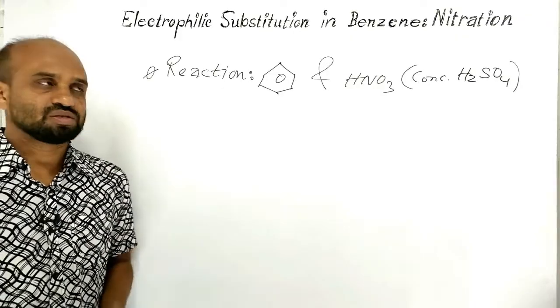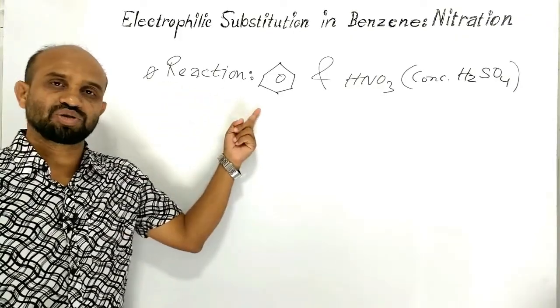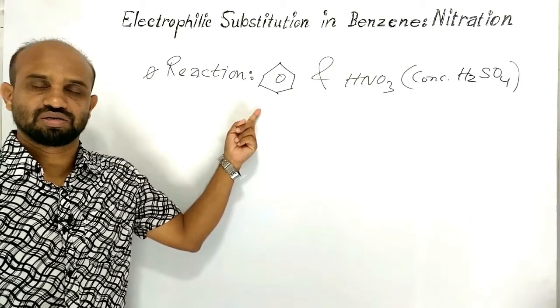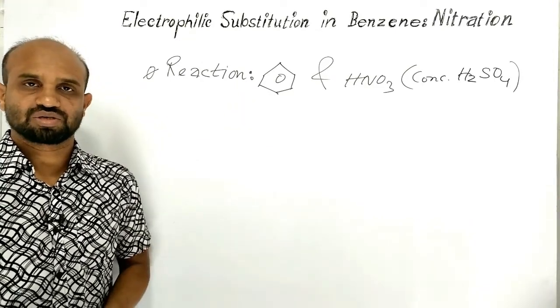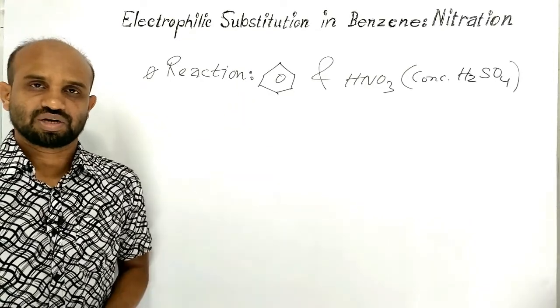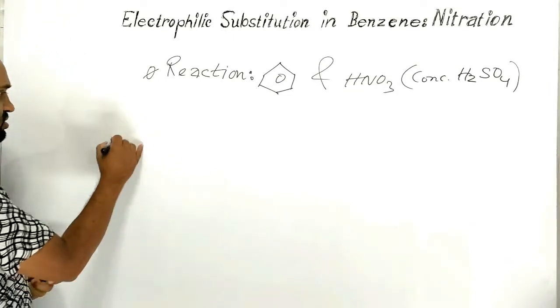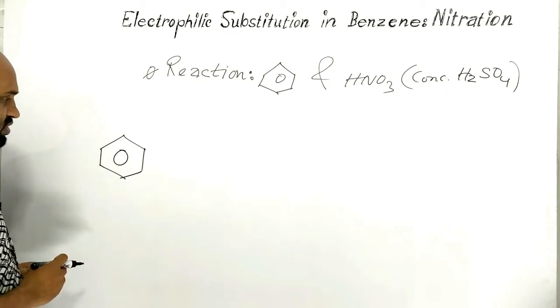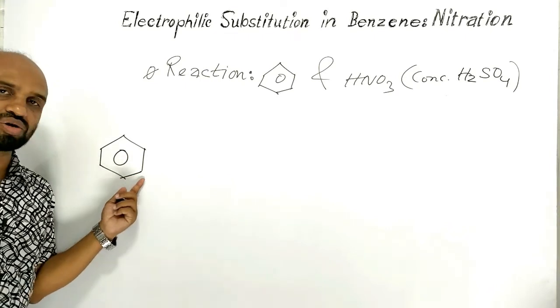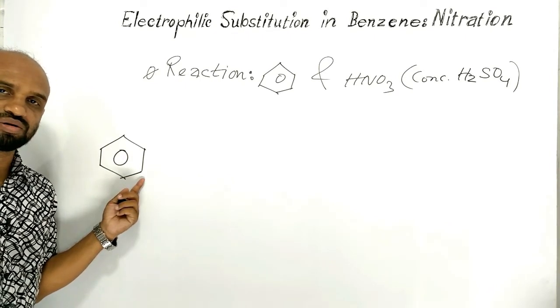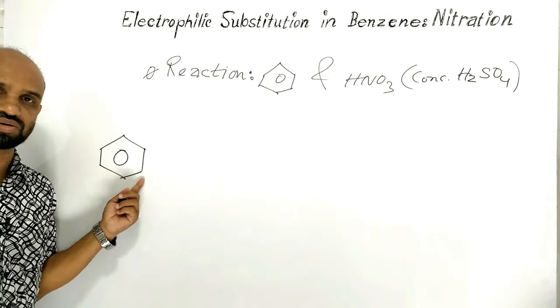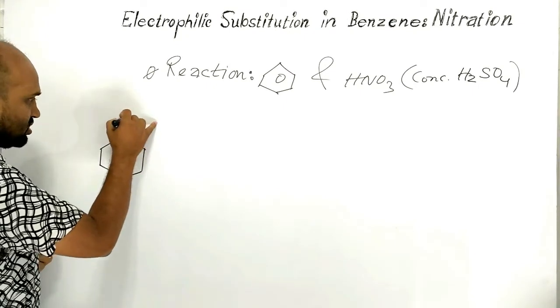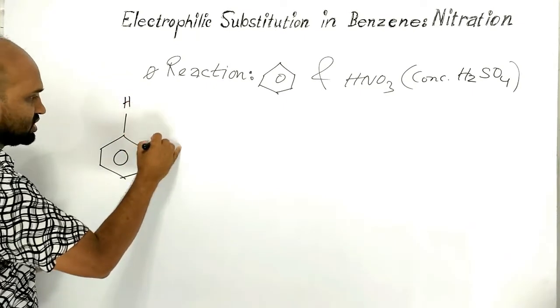The first point is the reaction between benzene and nitric acid in presence of concentrated sulfuric acid. Let's write the reaction. This is benzene. Each corner of the hexagon, that means 6 carbon atoms, carry 1 hydrogen atom each.